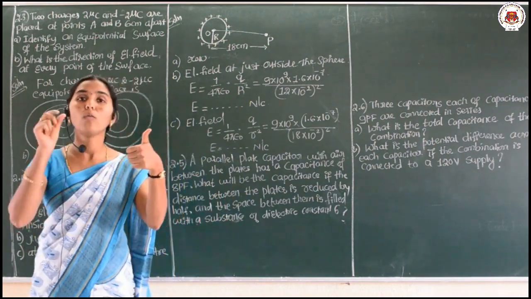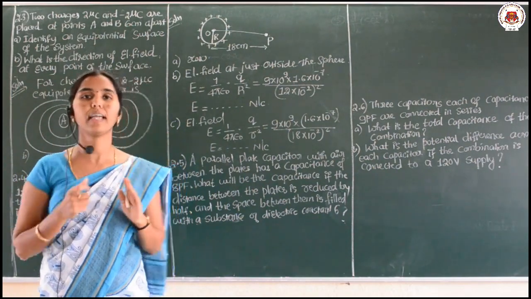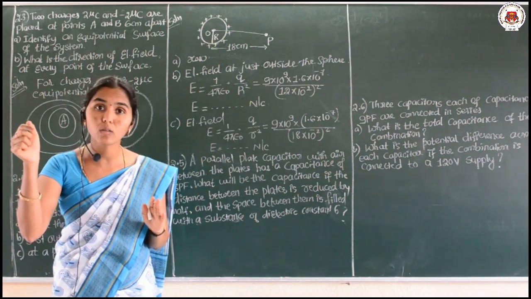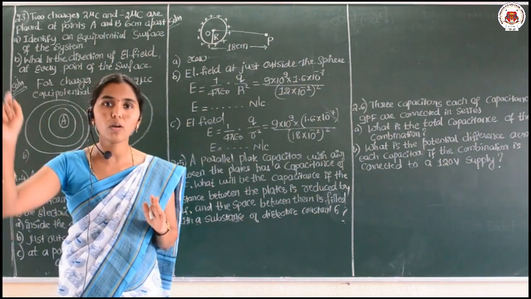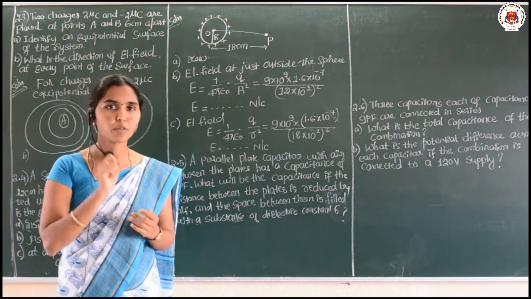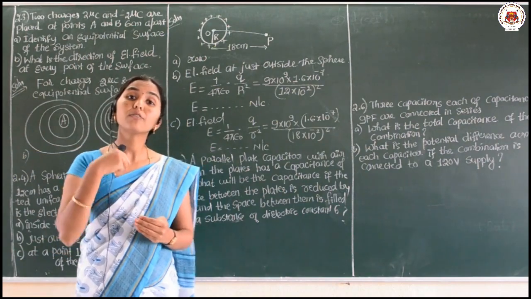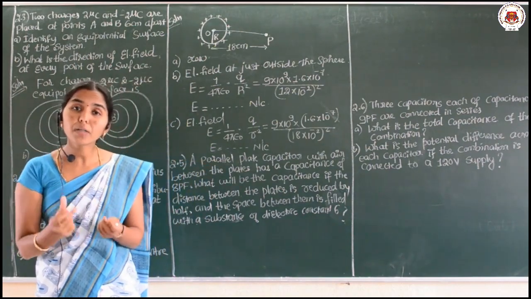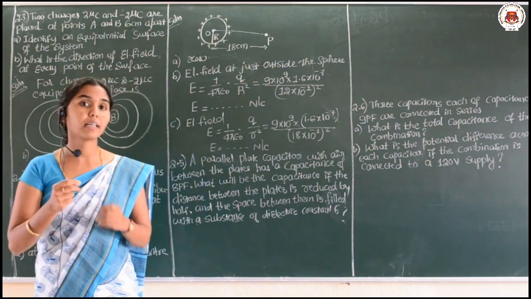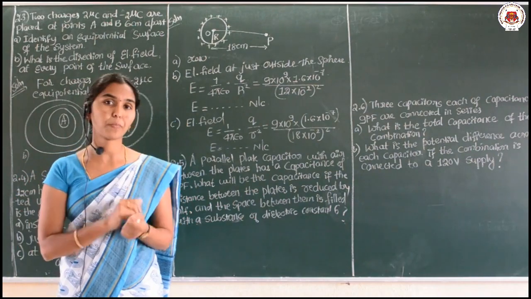One is when the plates of that capacitor are filled with air, we have Ca, or C naught, or simply C, is equal to epsilon naught A upon d, that is our formula. Then when the same capacitor is filled with some other material with a dielectric constant, then definitely there is a change in the capacitance, there is an increase in the capacitance.